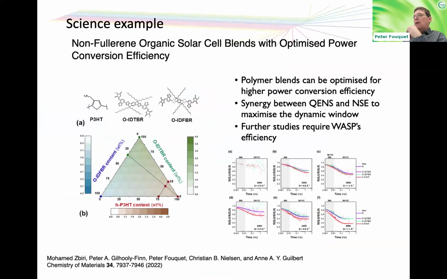There you can go through different points in the constituent diagrams of the polymer blends, mixing different polymers, and look at the dynamics as a function of momentum transfer and as a function of temperature, and trace in detail how these mixtures change the overall dynamics.